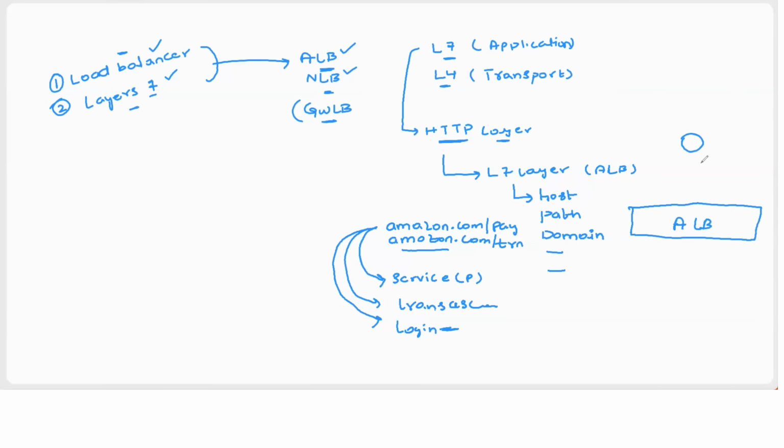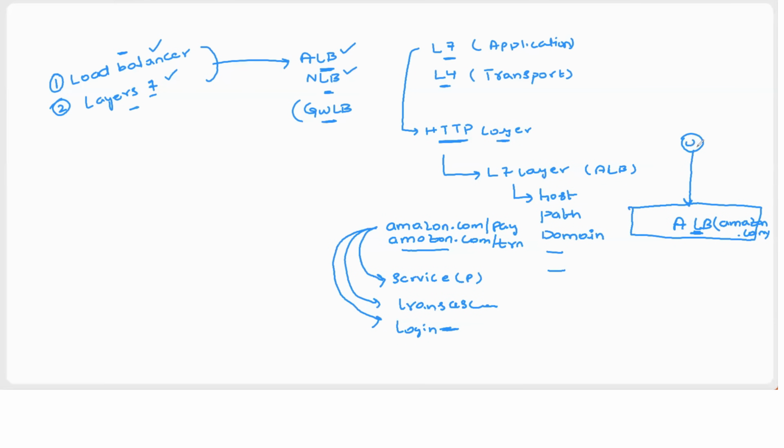So the user tries to access the application load balancer. Let's say the domain is amazon.com. When you create an application load balancer, you can configure it with a custom domain or the domain that Amazon automatically allocates to you. Let's say you are using a custom domain called amazon.com.